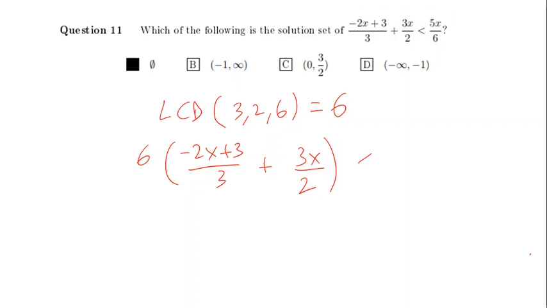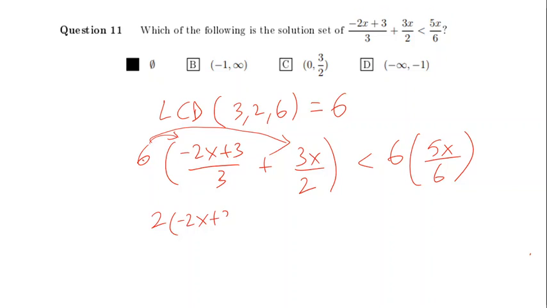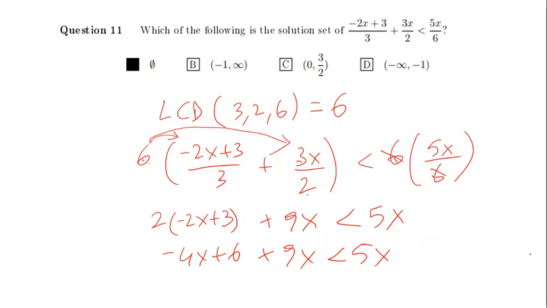And we get rid of the denominator. So 6, 3, it will be 2. So you got 2 times negative 2x plus 3. And then here 6 times 3, 18 over 2, which makes 9x. And 6, 6, they cancel out. We get 5x. Now minus 4x plus 6 plus 9x less than 5x.